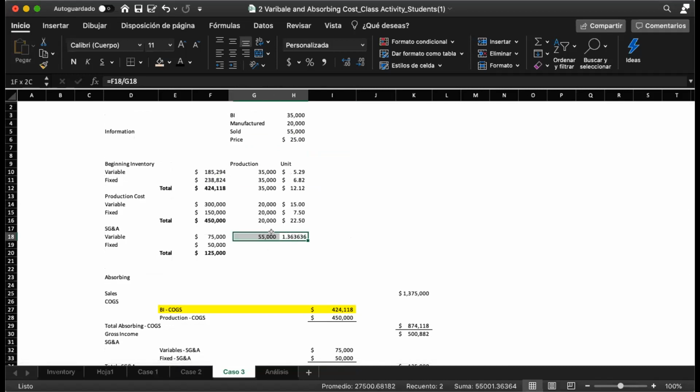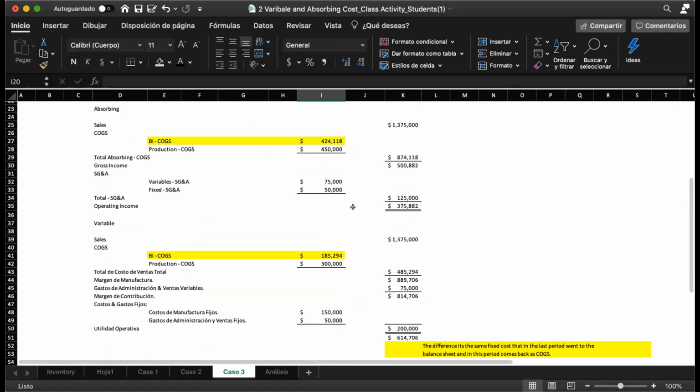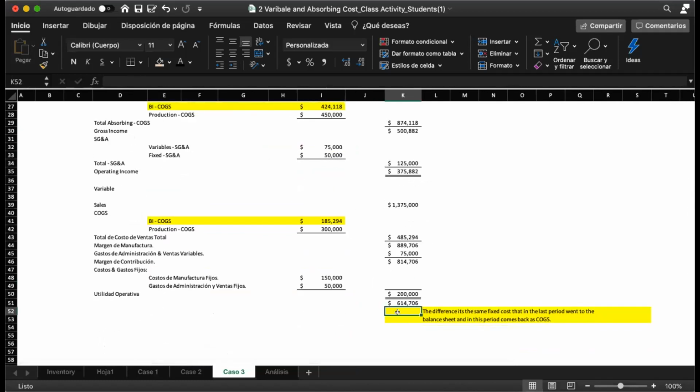Did you finish already, guys? Teacher, we had a doubt. What is your question? Here, it is not formulated, because that's what you need to find. So it says there, the difference is the same fixed cost that in the last period went to the balance sheet and this period comes back as cost of goods sold. Now this is like the check part of the analysis. So just take the difference between the two operating incomes and put it there.